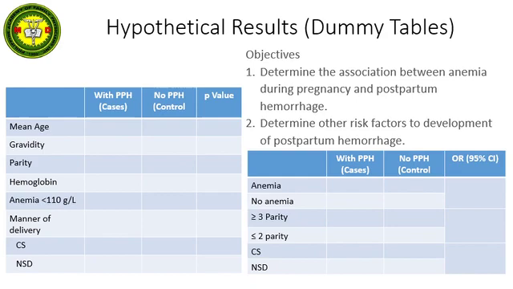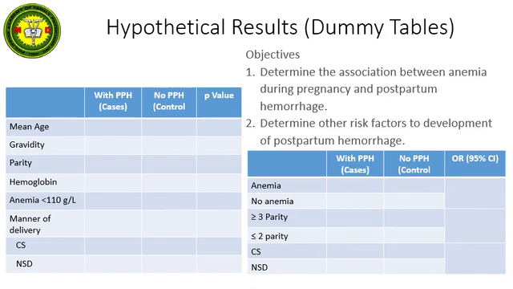So if these are the objectives that I have, here's one advice that I would give you. At the stage of objective development, you already develop your dummy tables or hypothetical results, and make sure that your dummy tables or hypothetical results will be answering your research objective.